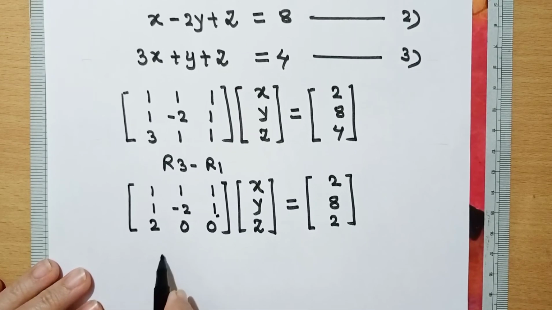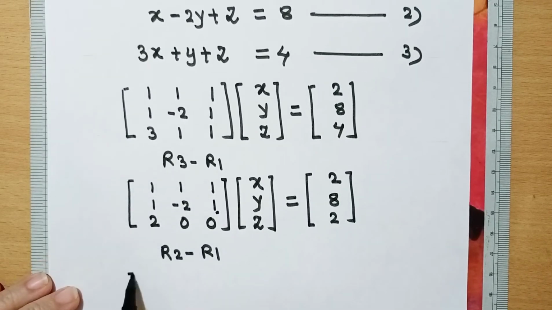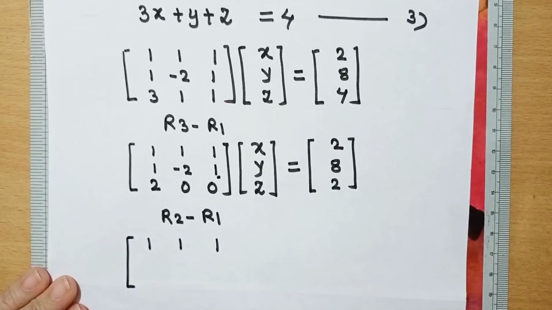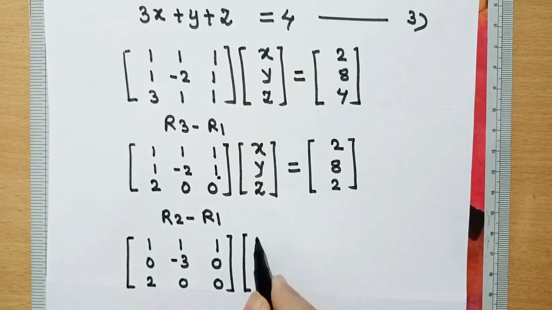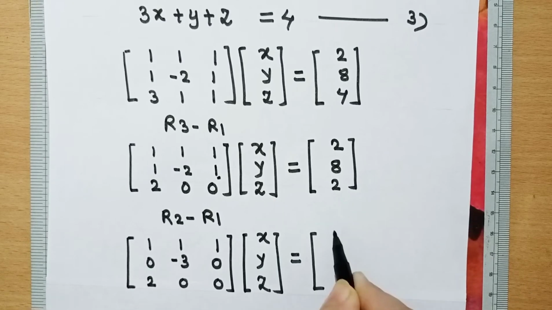So by R2 minus R1 we have, the first row as it is, 1 minus 1 is 0, minus 2 minus 1 is minus 3, here also 0, x, y, z, and that is equal to 2, 8 minus 2 is 6, and again 2.